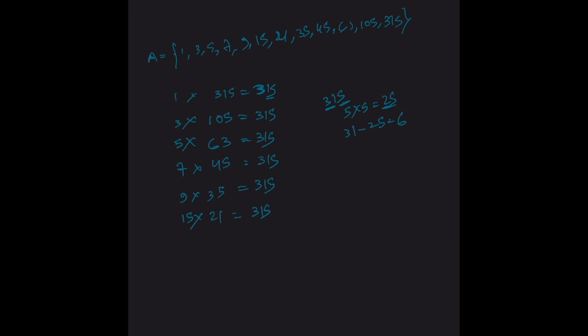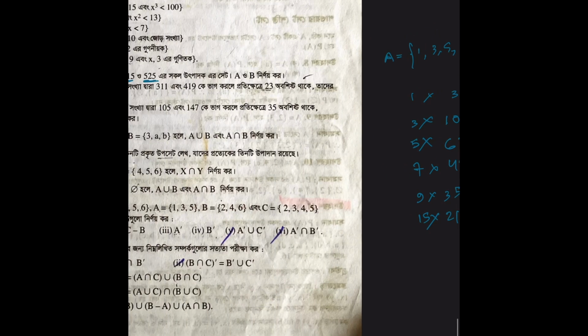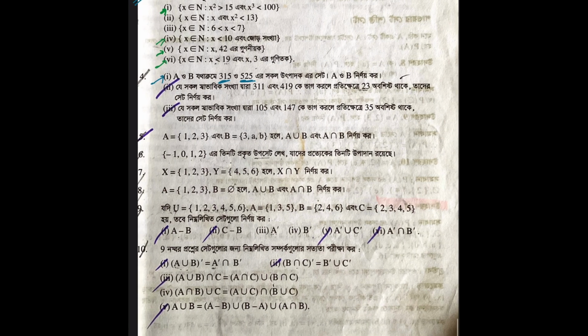If that is divisible by 17, then the entire number would be divisible by 17. Since 6 is not divisible by 17, 315 is not divisible by 17. So that was it. I think we can figure out set B in a similar way.